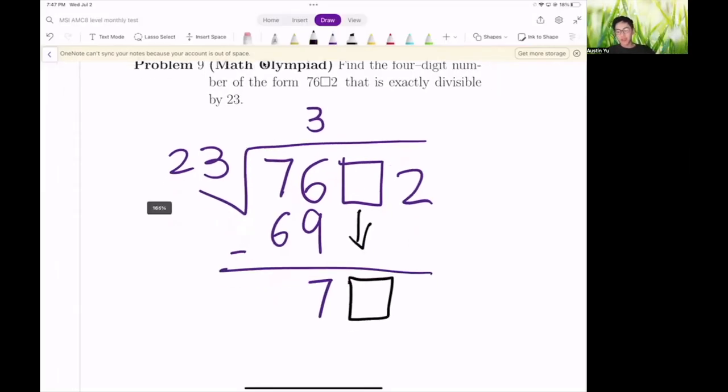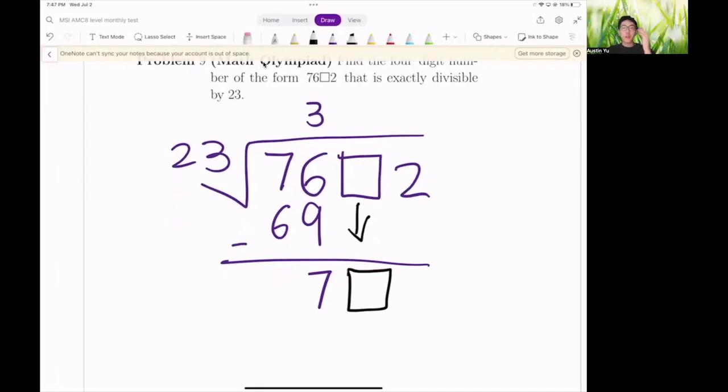And we have to see what number, when you fill up 70, gives you 23, right? But we understand that it doesn't have to go into 23 perfectly. This number right here, in fact, can't, because there's no multiple of 23 that starts with 7 and is a two-digit number.